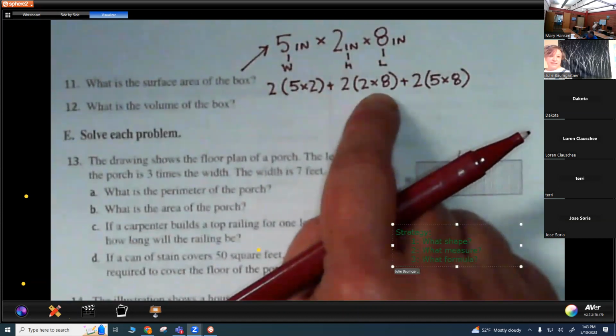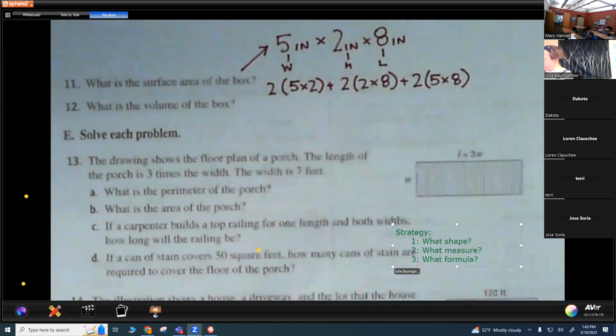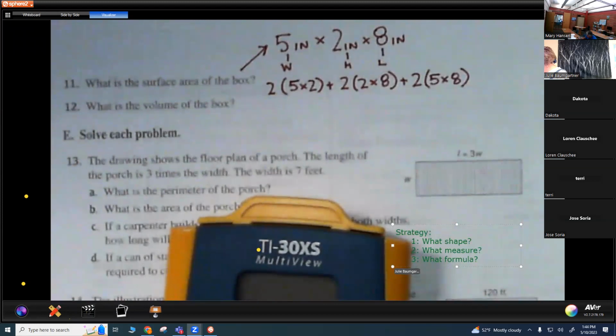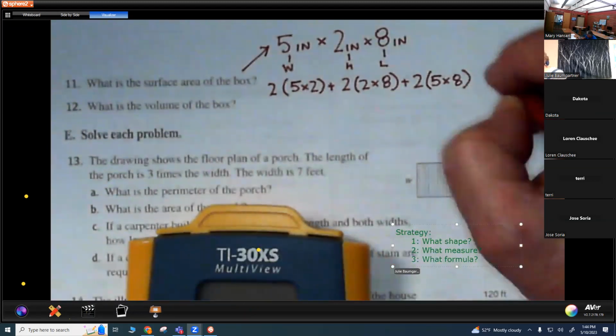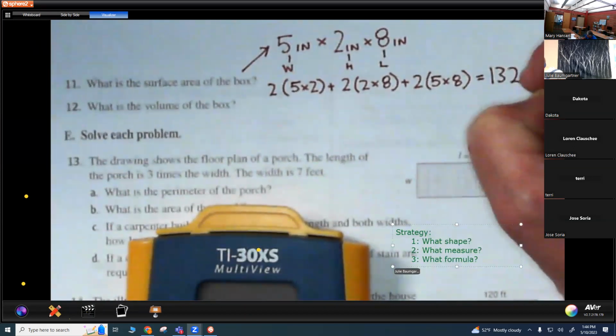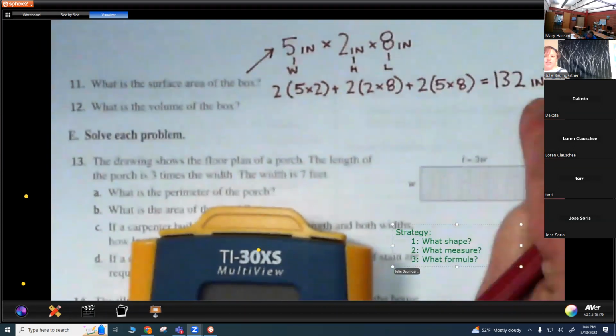Does that sound good? Did anyone actually solve that problem? I can probably check with the calculator because 20 plus 32. Okay. So the surface area of the box is 132 square inches.